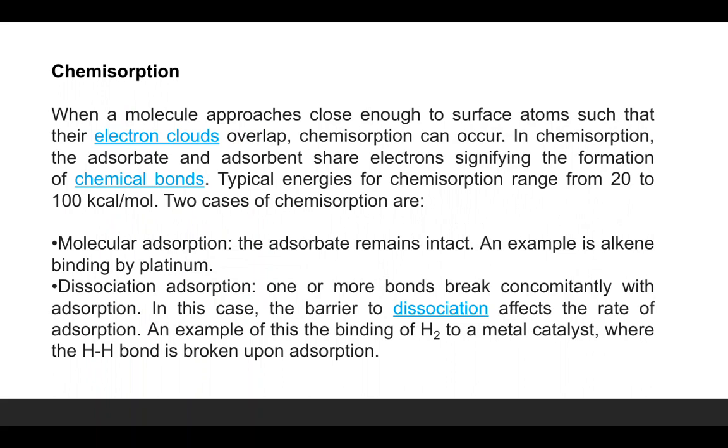The other one is chemisorption. When a molecule approaches close enough to surface atoms such that their electron clouds overlap, chemisorption can occur.